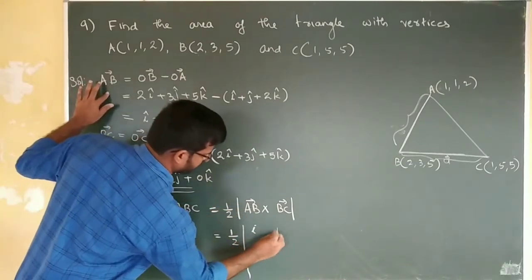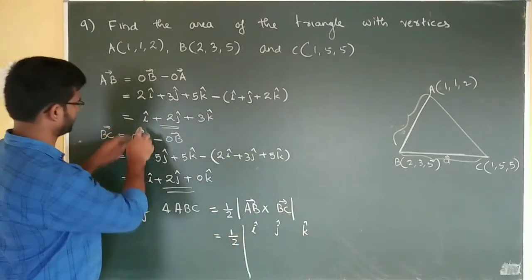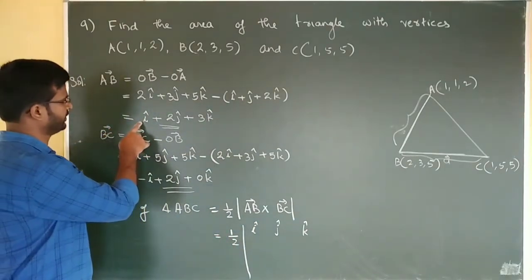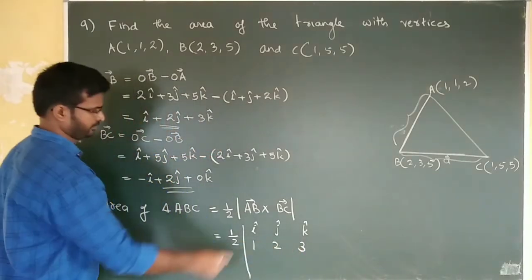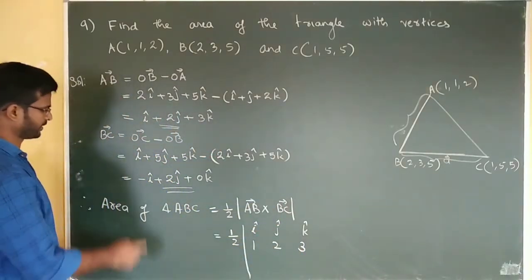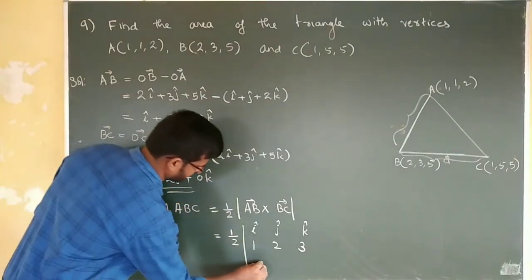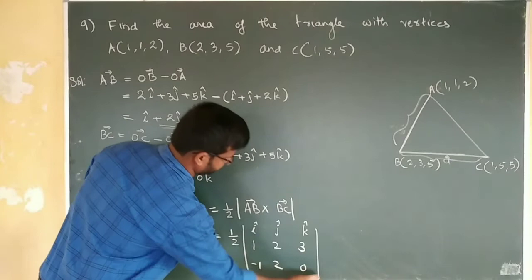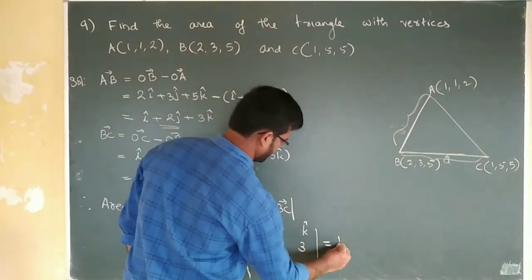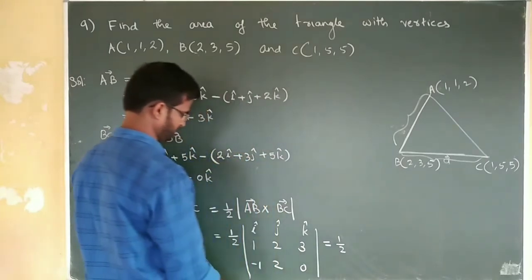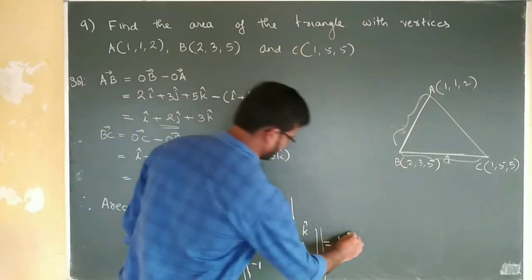First write i, j, k. The scalar components of AB vector are 1, 2, 3. The scalar components of BC vector are minus 1, 2, 0. Equal to 1 by 2, and we have to use the magnitude.